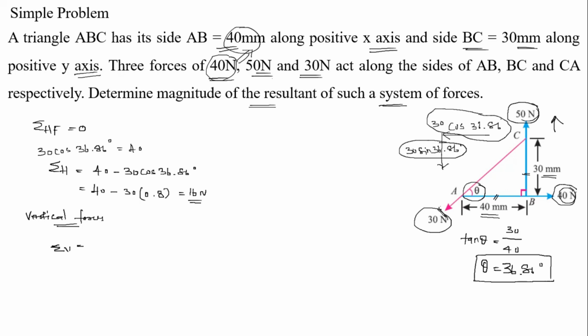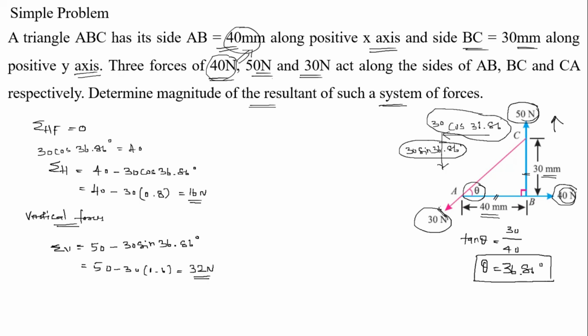So let us take upward as positive and downward as negative. So the sum of vertical forces is equal to 50 minus 30 into sin 36.86, which is 0.6, which is equal to 32 Newton, right?